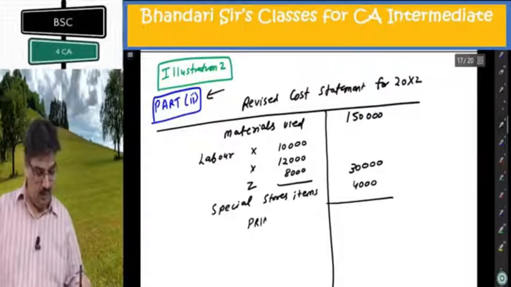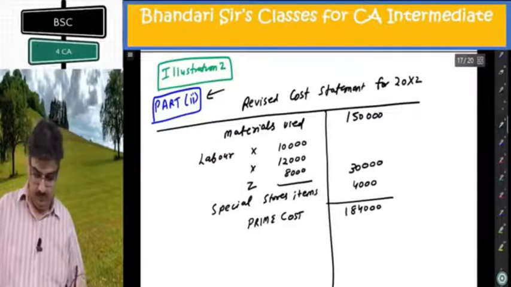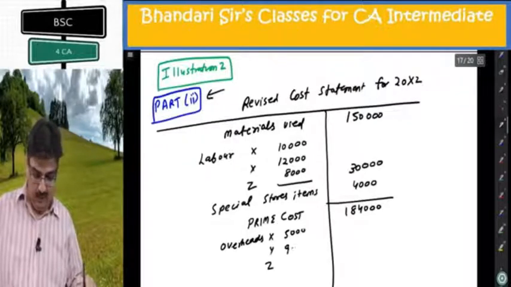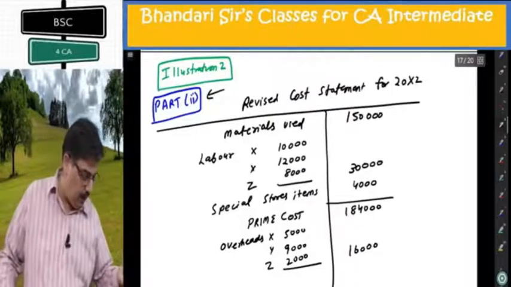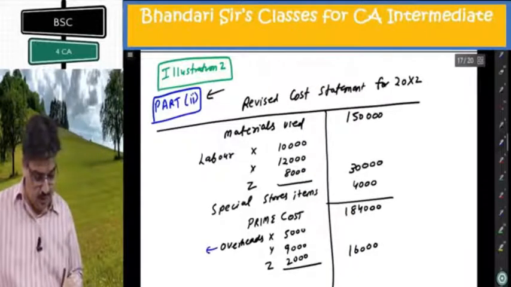I can call it prime cost 1,84,000. Overheads XYZ 5,000, 9,000, 2,000. I put them 16,000, but important thing that I am following here, I'll write here absorption rates.